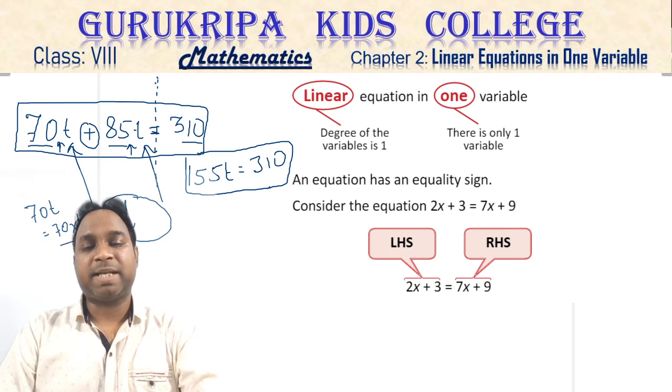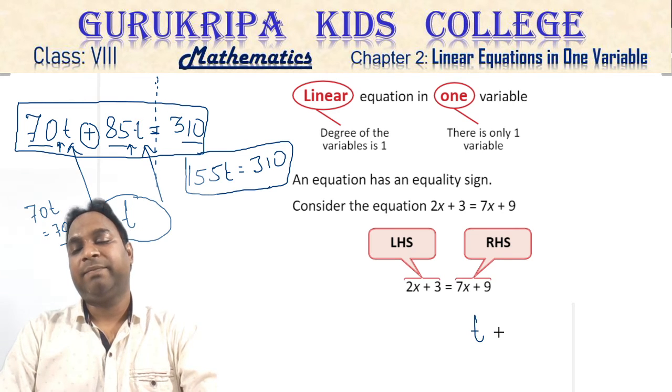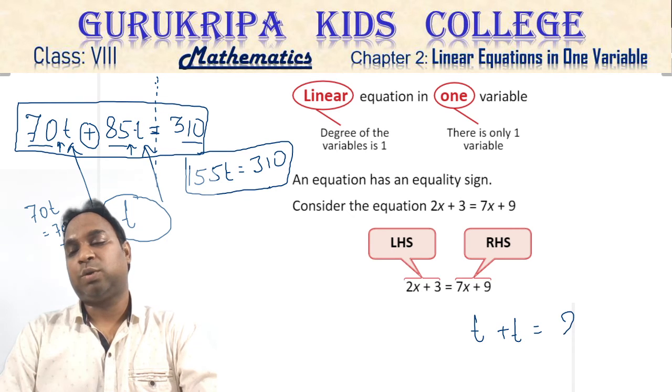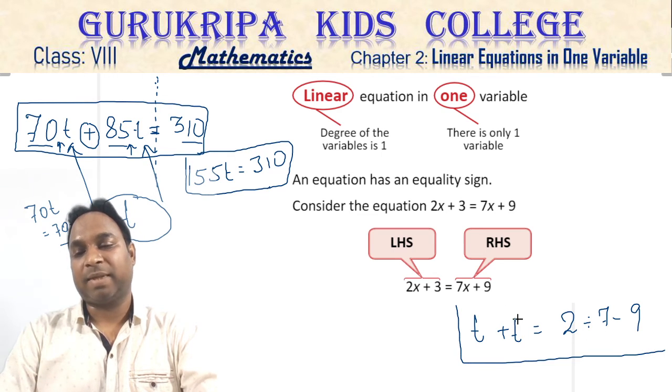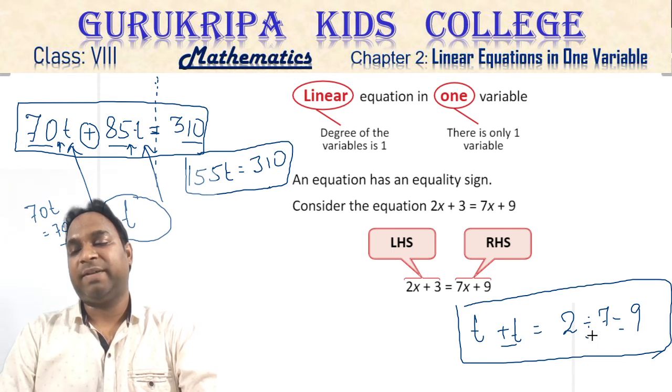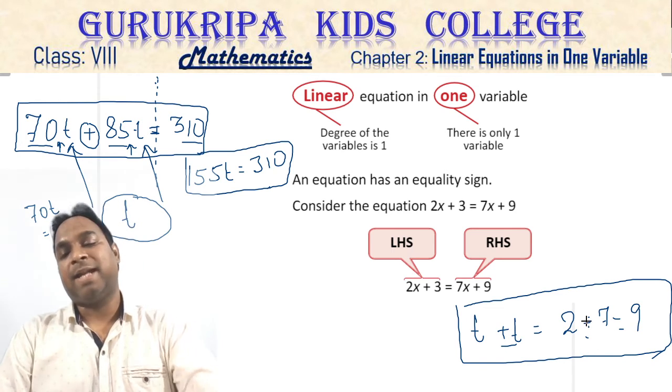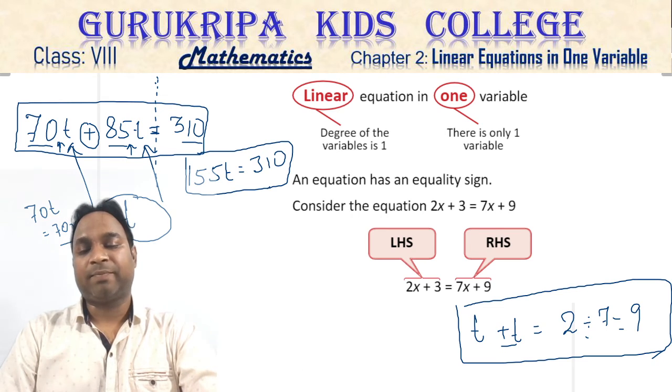Can you tell one example without involving multiplication? t plus t is equal to 2 divided by 7 minus 9. See, this is another equation and there is no multiplication involved in this. We have addition, we have subtraction, we have division. So there can be any mathematical operation, but this equal to has to be there.